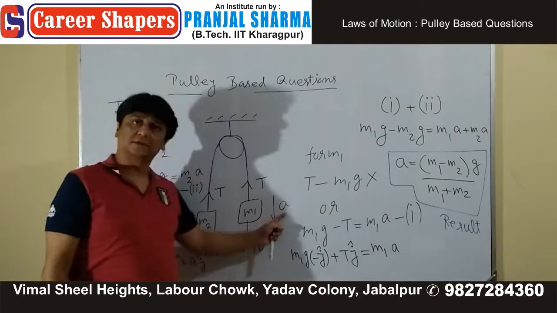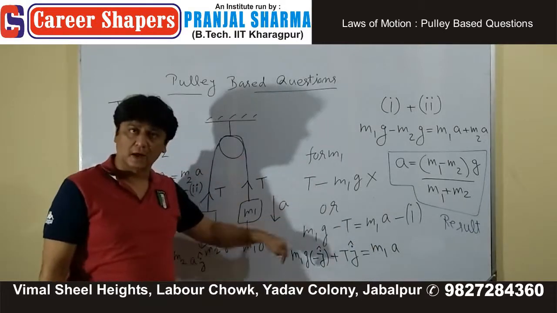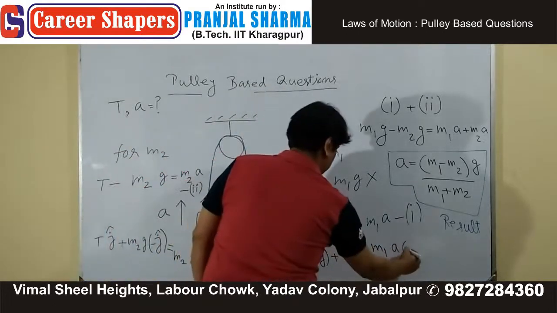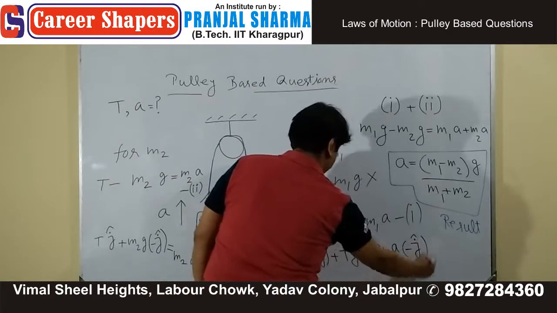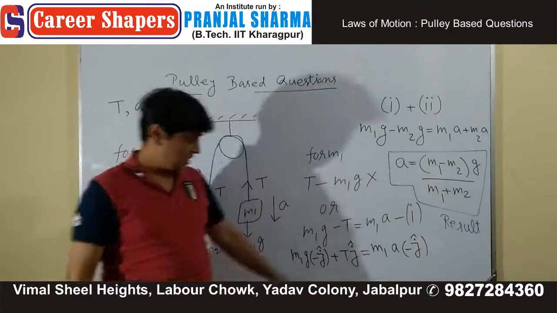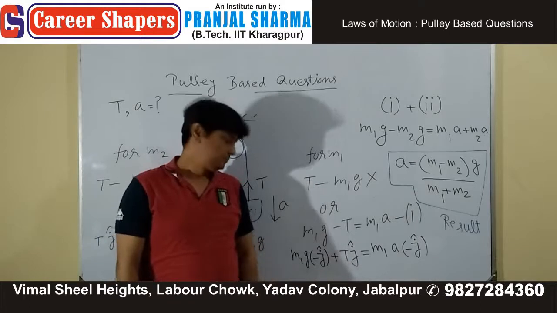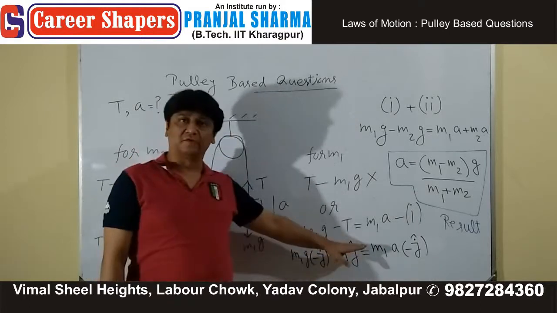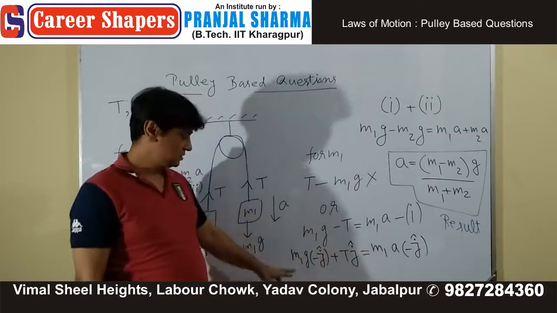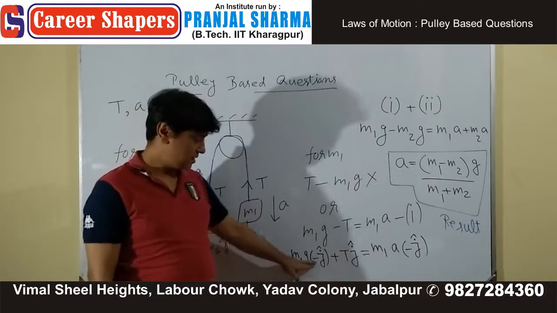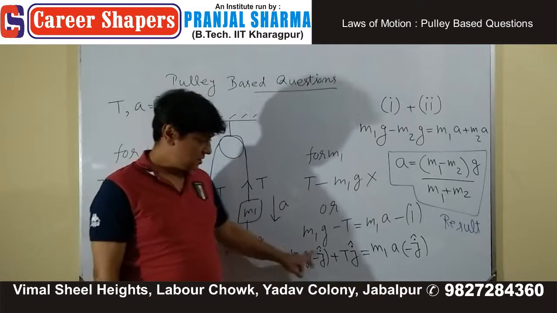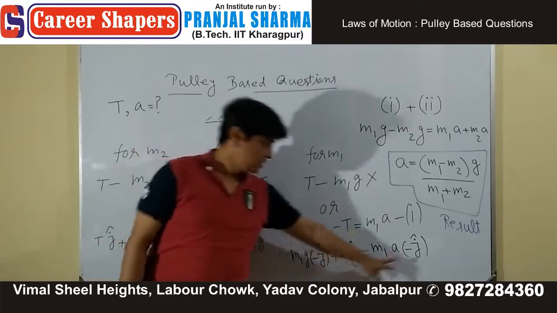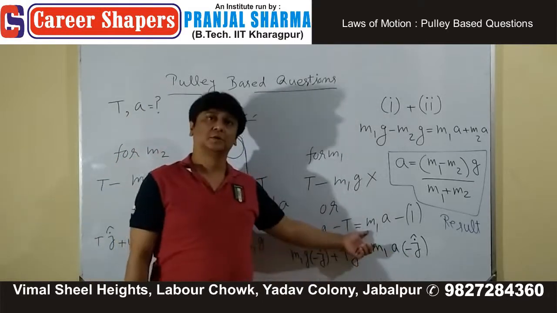What is A? Acceleration A, in which direction? Down, minus of J cap. Remove J cap and then multiply the whole thing with minus 1. M1G minus T becomes M1G plus... the signs flip, minus becomes plus.